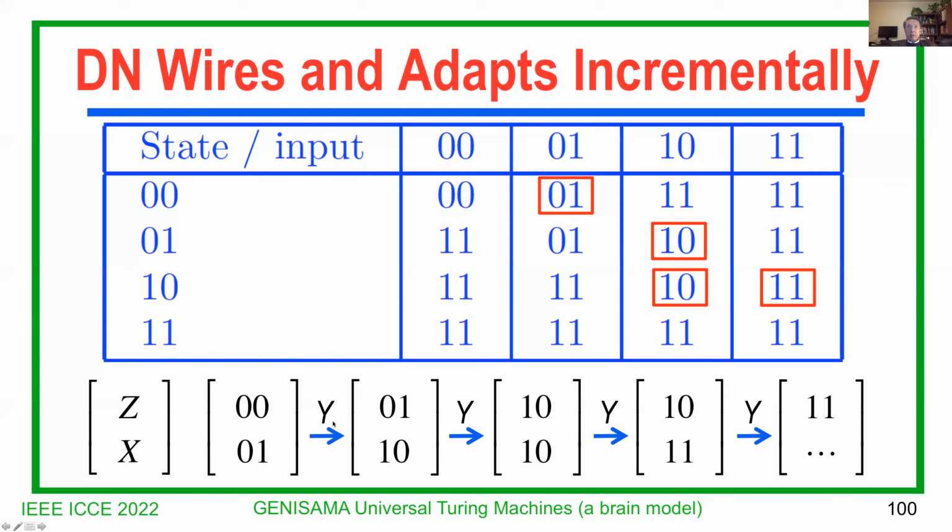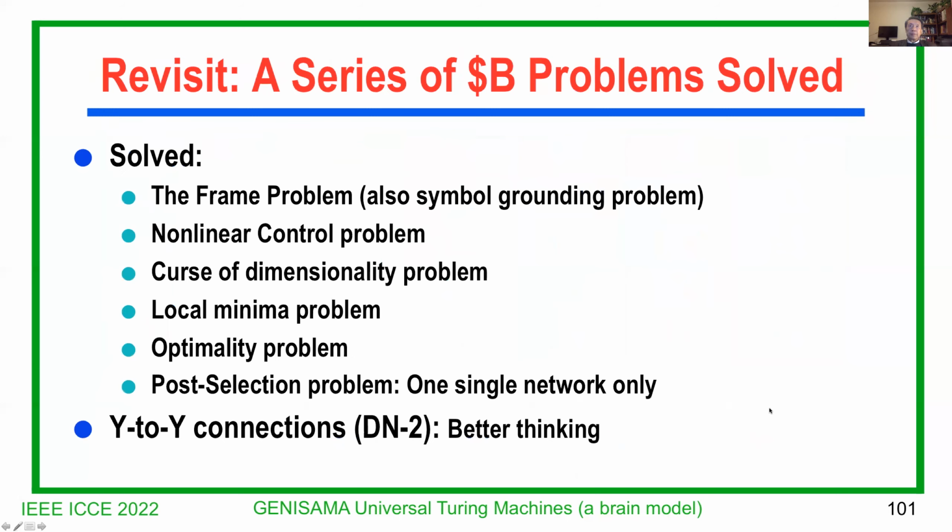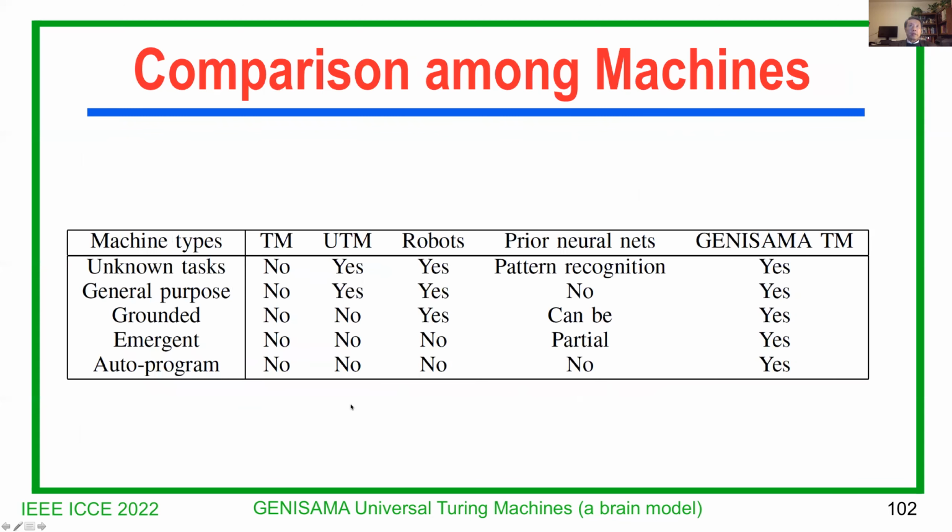And I will remember the Y1, Y2, Y3, Y4, those are the hidden neurons. Revisit. Billion problem solved, all right? And the frame problem, the linear control problem, curse of dimensionality, local minima, optimality, post-selection. Then we start to do Y-to-Y connection. That's our DN2 for better thinking, all right?